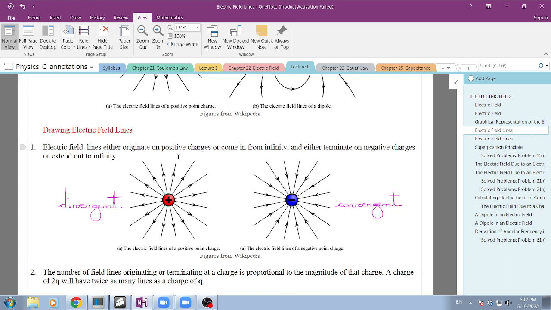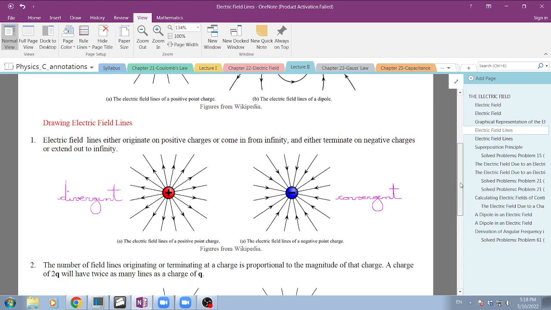By convention, if the charge is positive, like this one in red here, the electric field lines are divergent, so they go away from the positive charge. If the electric charge is negative, the electric field lines are going to converge to this charge.